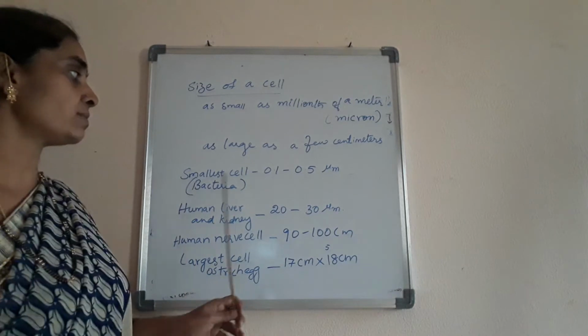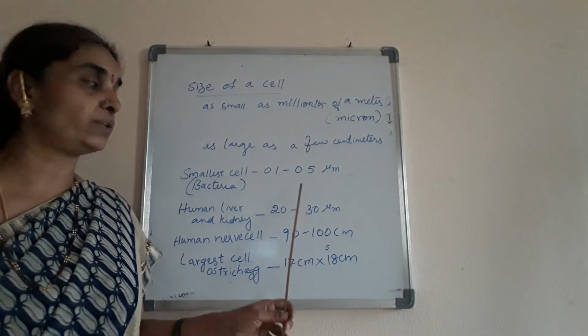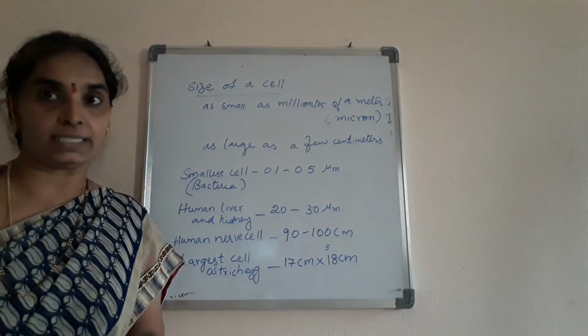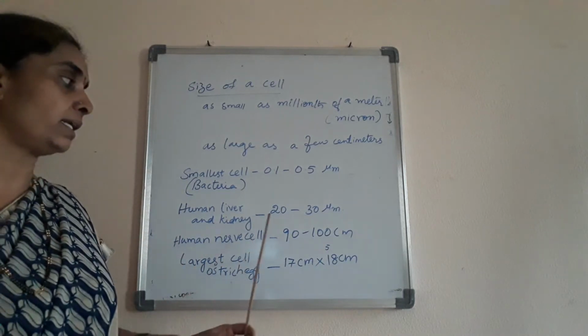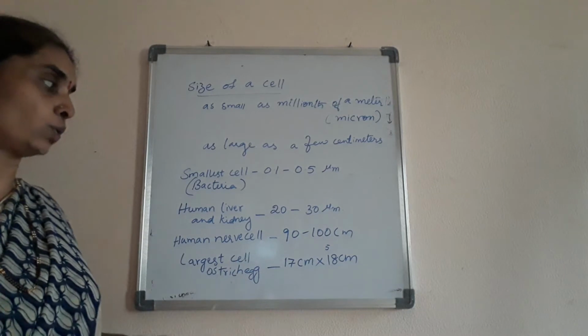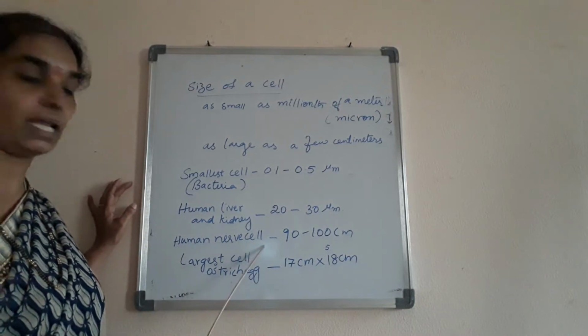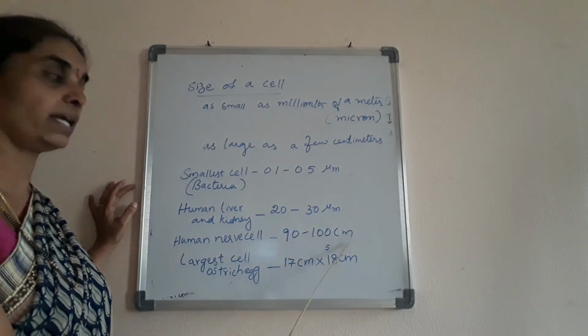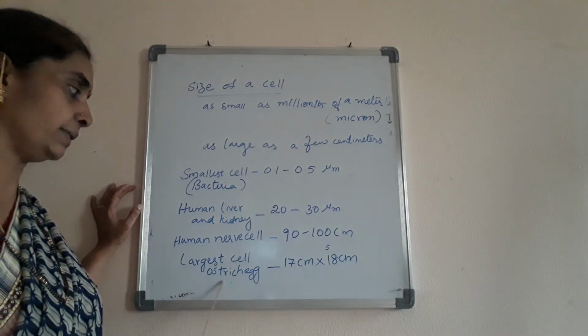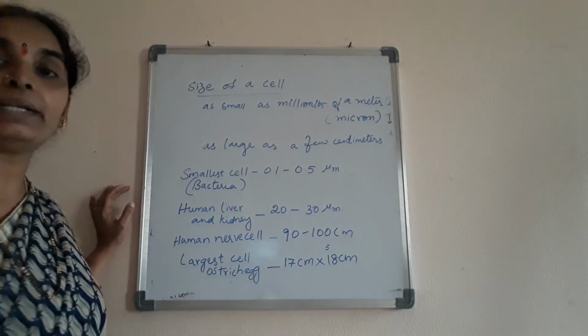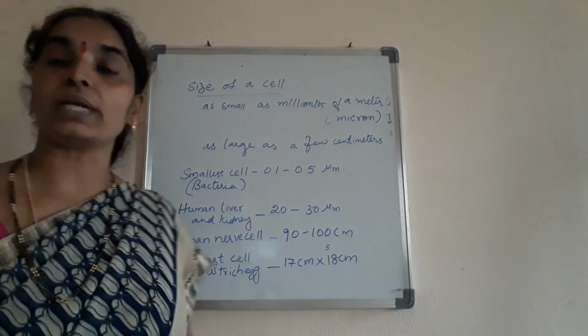The smallest cell, a bacterium, ranges from 0.1 to 0.5 micrometers. A human liver or kidney cell ranges from 20 to 30 micrometers, and a human nerve cell ranges to 90 to 100 centimeters. The largest cell, the ostrich egg, ranges from 17 to 18 centimeters.